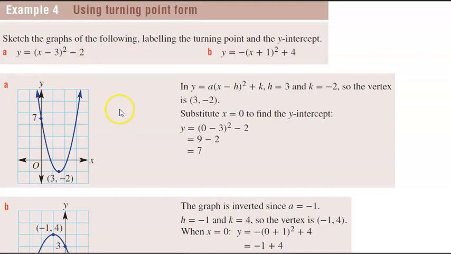We have 2 types of translations. The first one is that the parabola is getting shifted to the right 3 units, and then it's also going down 2 units.